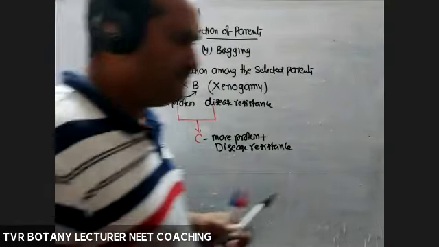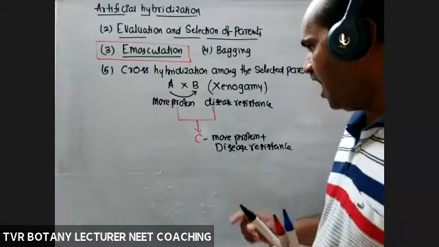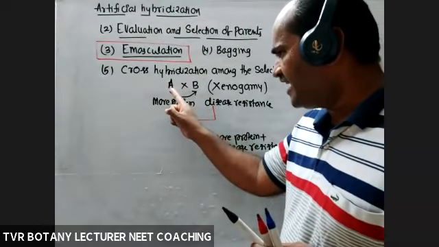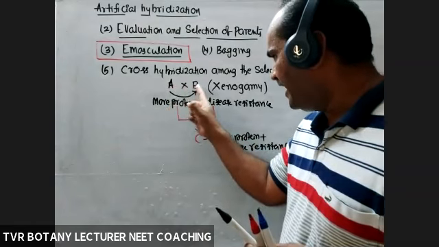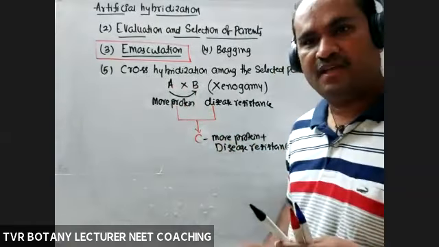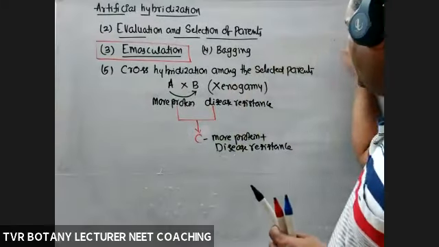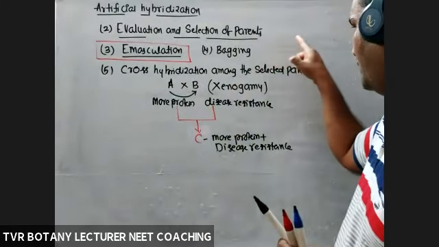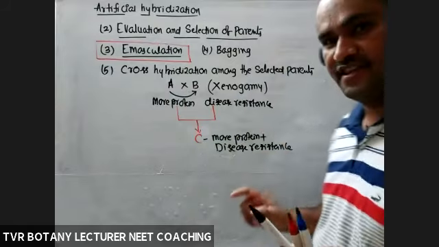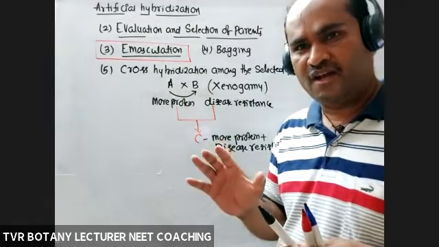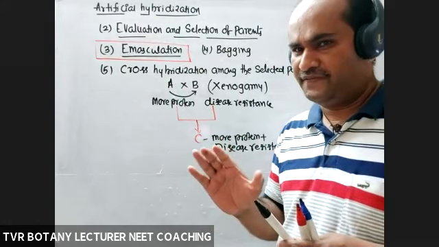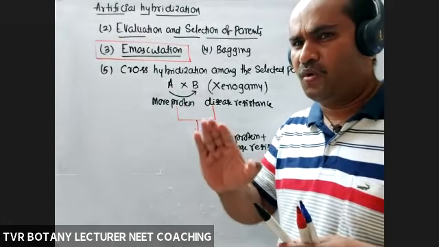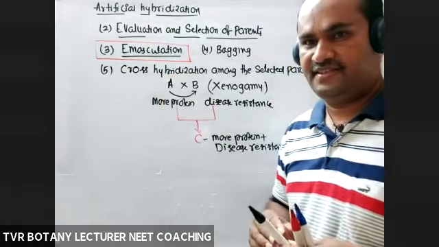Okay, and one more thing. At the time of crossing, are you able to transfer only desirable characteristics from A and B into C? Before this one, I gave you DNA with a certain number of genes, desirable, undesirable, desirable, and undesirable. Are you able to transfer only those by means of artificial hybridization? Definitely, we are not able to transfer only desirable characteristics.